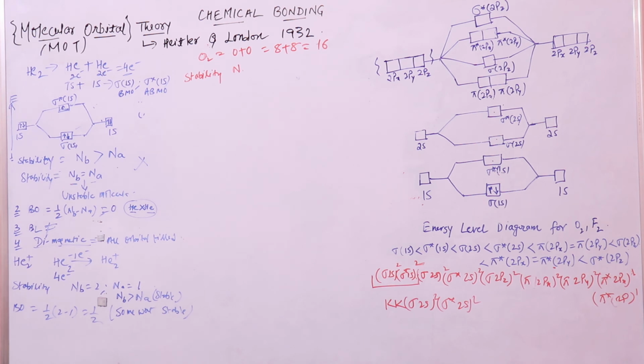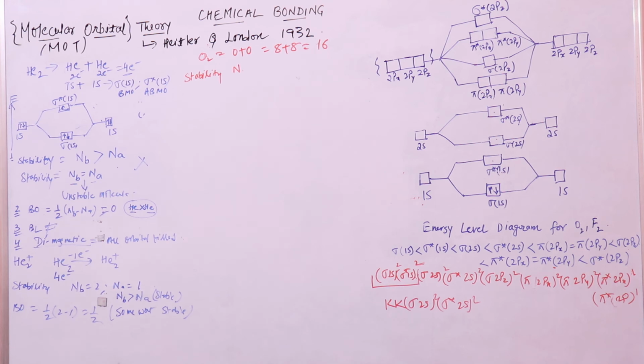So how many bonding electrons do you have? You can just add it up. You have 1 in sigma 1s, 2, 3, 4, 5, right? You have 10 electrons. And how many anti-bonding electrons? Sigma star 1s, sigma star 2s, then pi star 2px, pi star 2py.